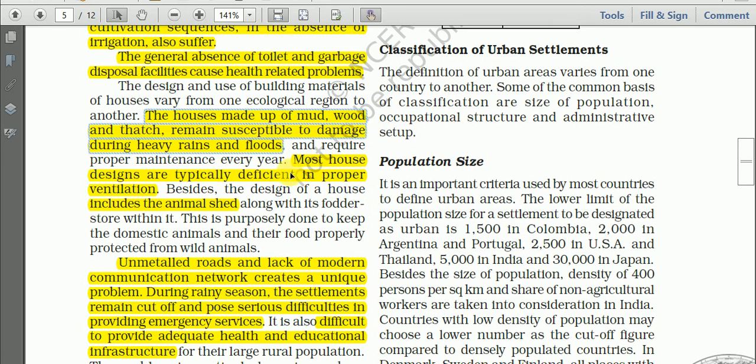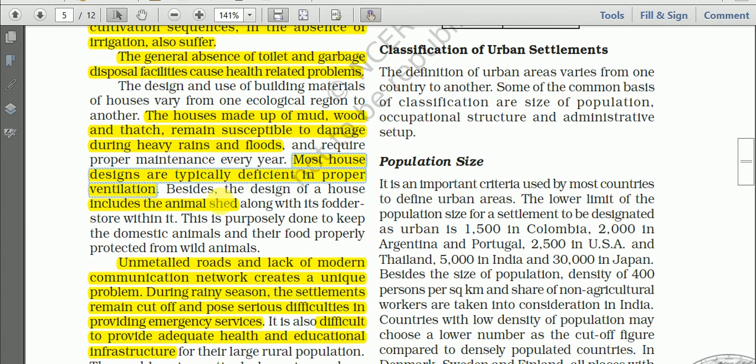And another point, see, most house designs are typically deficient in proper ventilation. Sometimes there may not be windows in the house also, in the house of a poor family, so in the front there may be a door and no other ventilators or no windows sometimes. So that means that there is deficiency in proper ventilation.